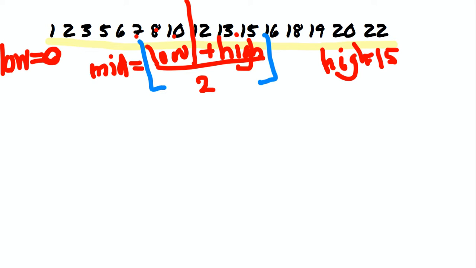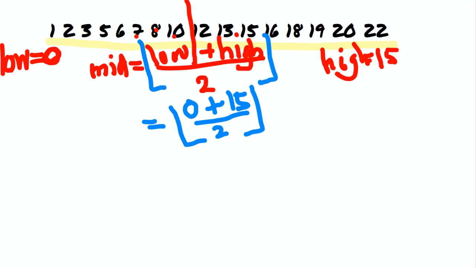In this first instance, you have 0 plus 15 over 2, and the floor of that gives an index of 7. That is basically this element here, 10. So 0, 1, 2, 3, 4, 5, 6, 7. Our middle term is 10.